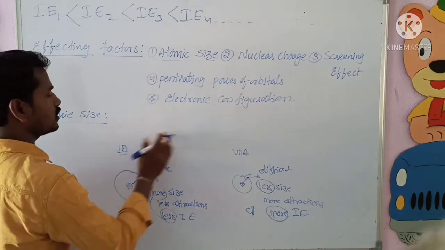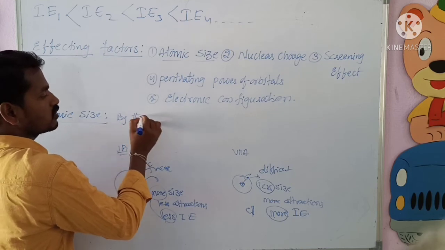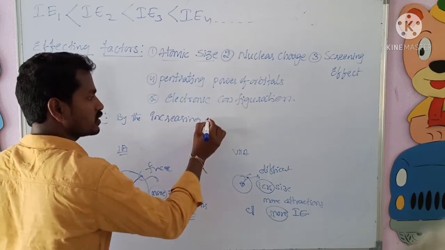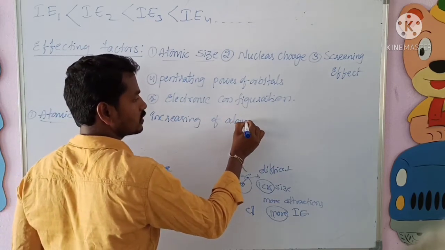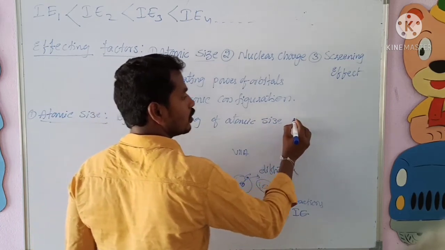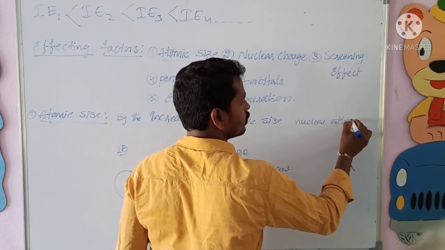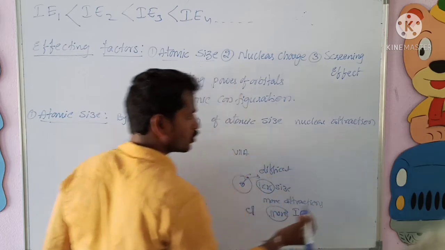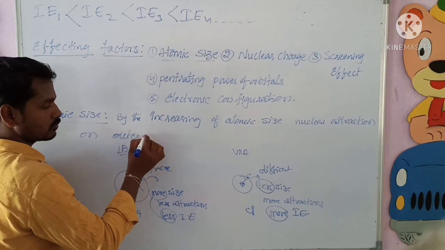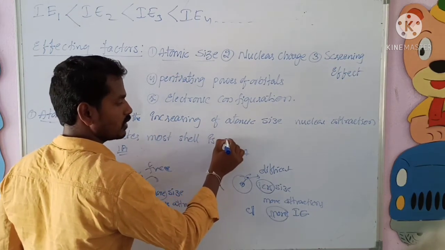The atomic size relation is: by the increasing of atomic size, the nuclear attraction on the outermost shell decreases.